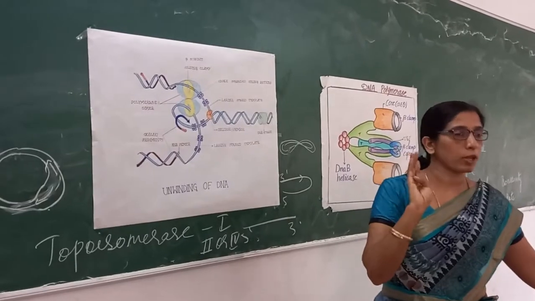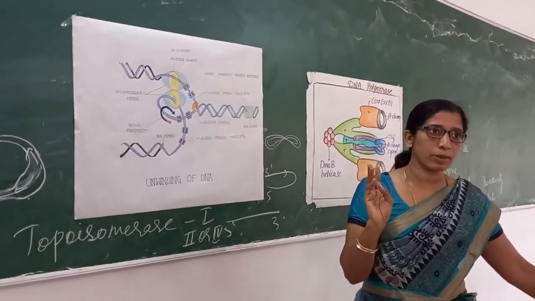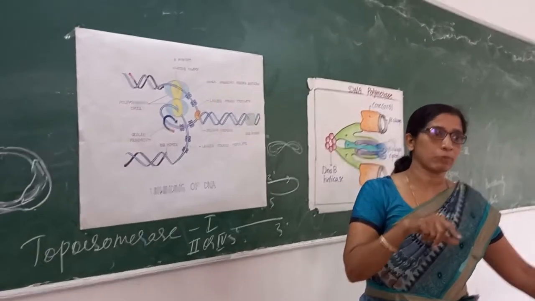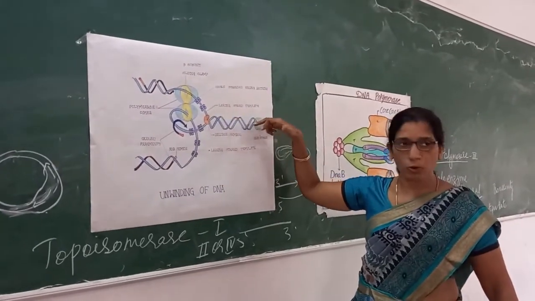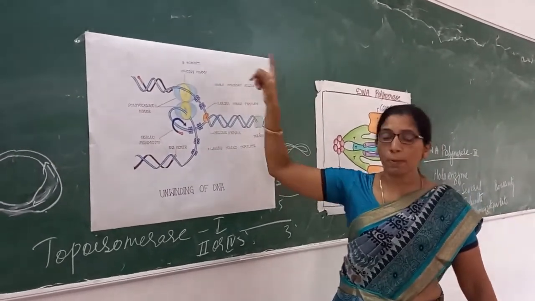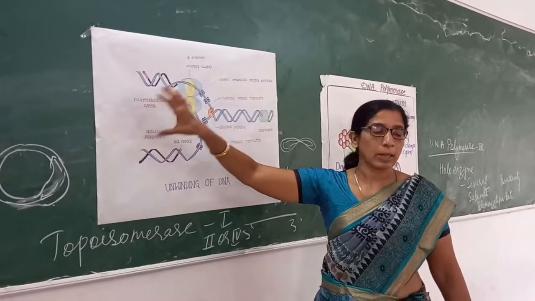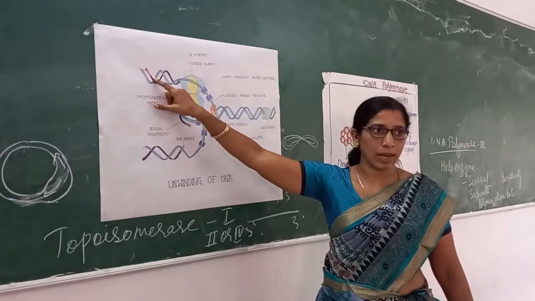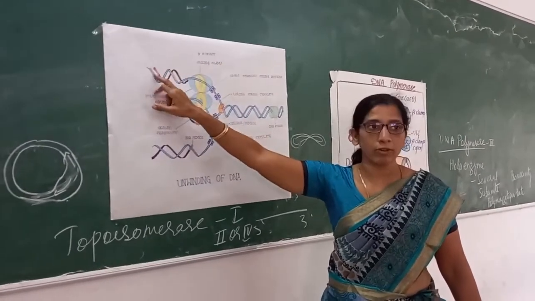One is polymerization, second is exonuclease 3' to 5', and one additional activity is exonuclease 5' to 3'. As DNA polymerase 3 proceeds some extent, DNA polymerase 1 comes in, and it is a repair enzyme. The primary role of DNA polymerase 1 is to remove this RNA primer and replace it with DNA. So removing and replacing.